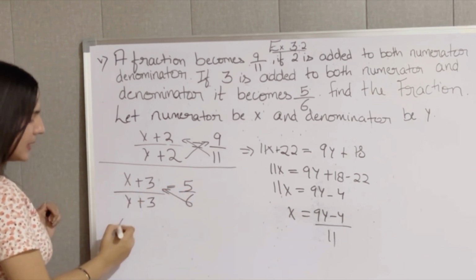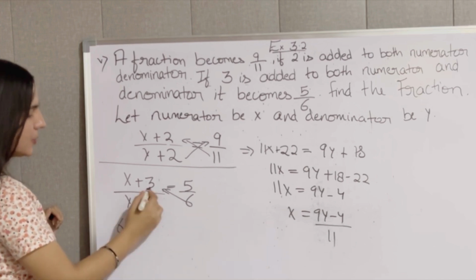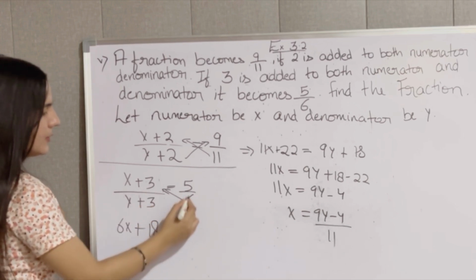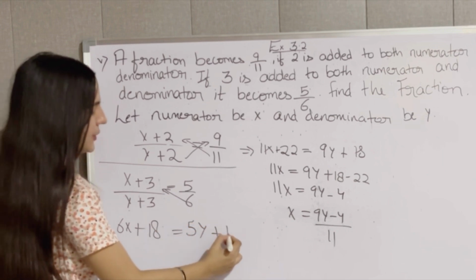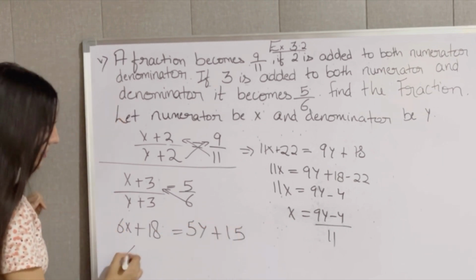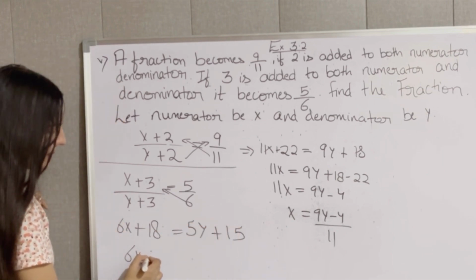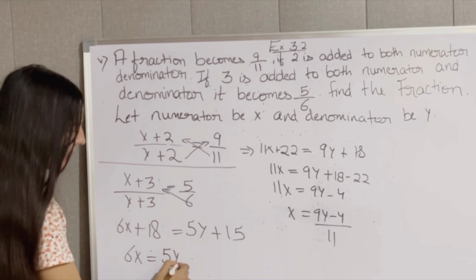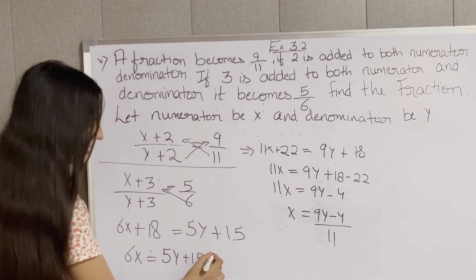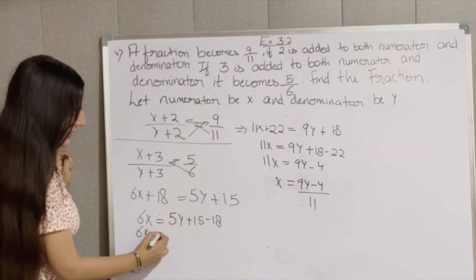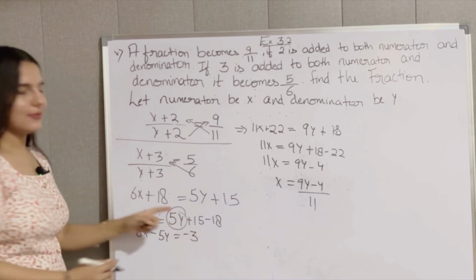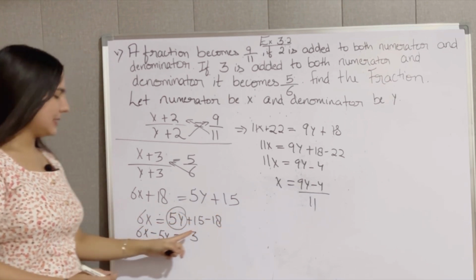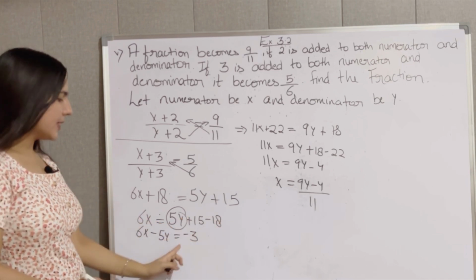So 6 into x plus 6 times 3, that is 18, is equal to 5 into y plus 5 times 3, that is 15. So 6x is equal to 5y plus 15 minus 18. So 6x minus 5y is equal to minus 3. I've transferred this 5y here, and 15 minus 18 gives us 3. 18 is greater, so minus 3.